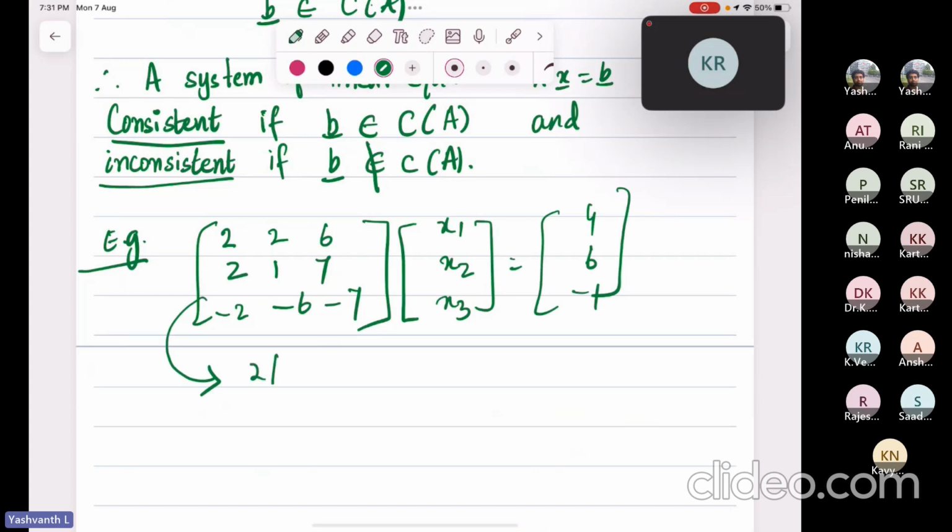Let me check, just wait. 2 into minus 7 plus 13.